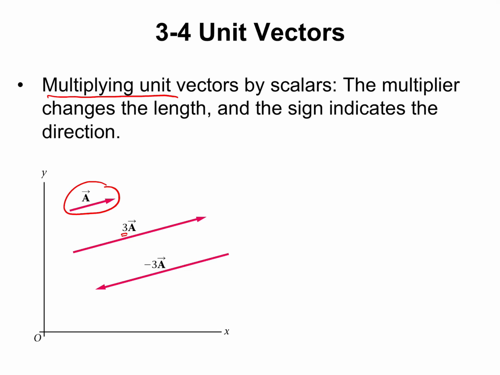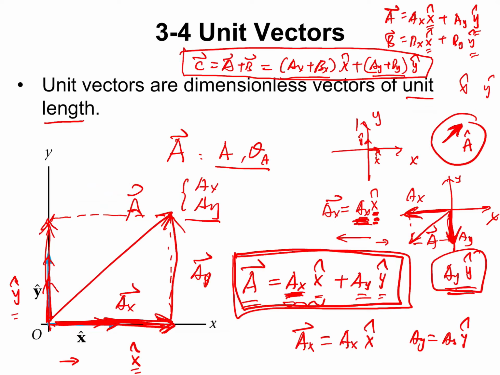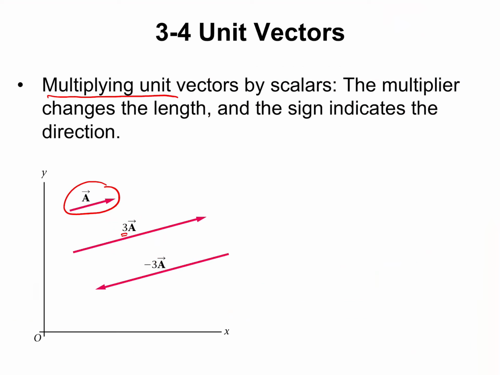And by the way, ax, ay are actually scalars. So this is a scalar, this is a scalar. And when you give a unit vector to a scalar, you basically use the scalar to make a vector. So this is 3A. 3A means 3 times the length of A, but you maintain the same direction. Negative 3A means the same 3 times the magnitude, but you flip the direction, okay?